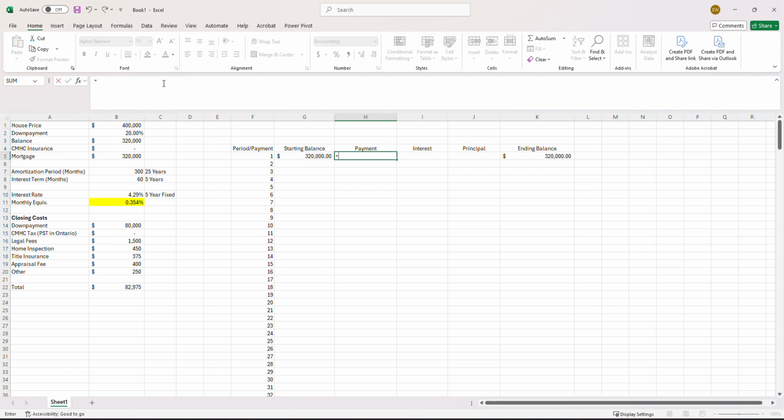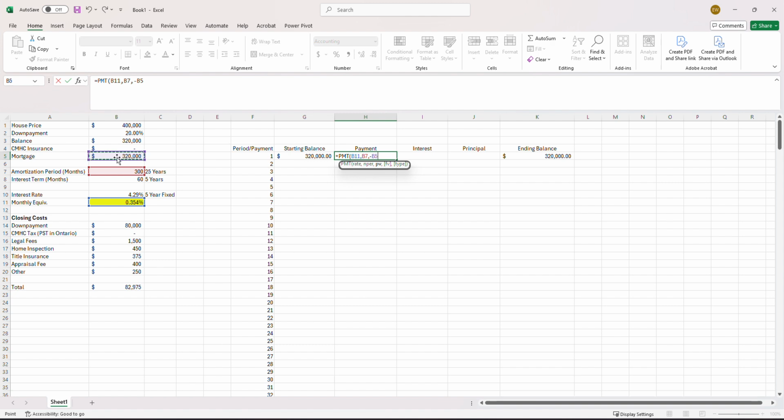And that's how you're going to get your payment amount. So what you want to do is go onto your payment column and type in equals PMT. The rate is going to be the rate that you just calculated. The number of periods is going to be the amortization. The PV, or present value, is going to be your mortgage amount. And it's not your mortgage amount that changes throughout time.